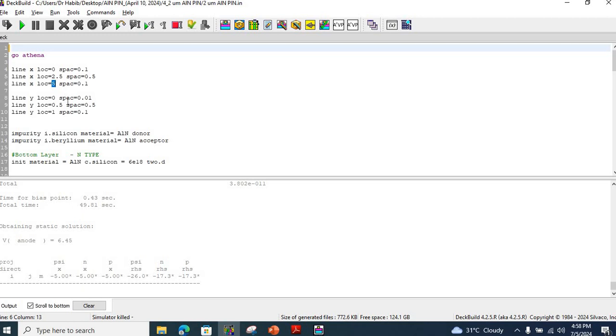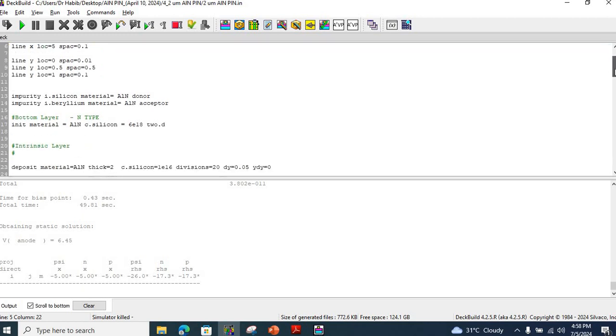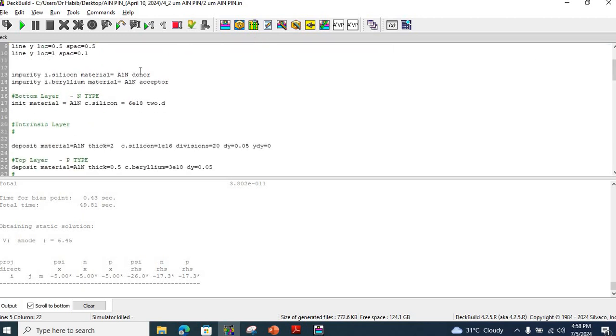Similarly, initially my structure is running from 0 to 1 micrometers in the Y direction, and here are the spacings for my meshing. I have introduced silicon as a donor impurity in aluminum nitride and beryllium as an acceptor impurity in aluminum nitride.